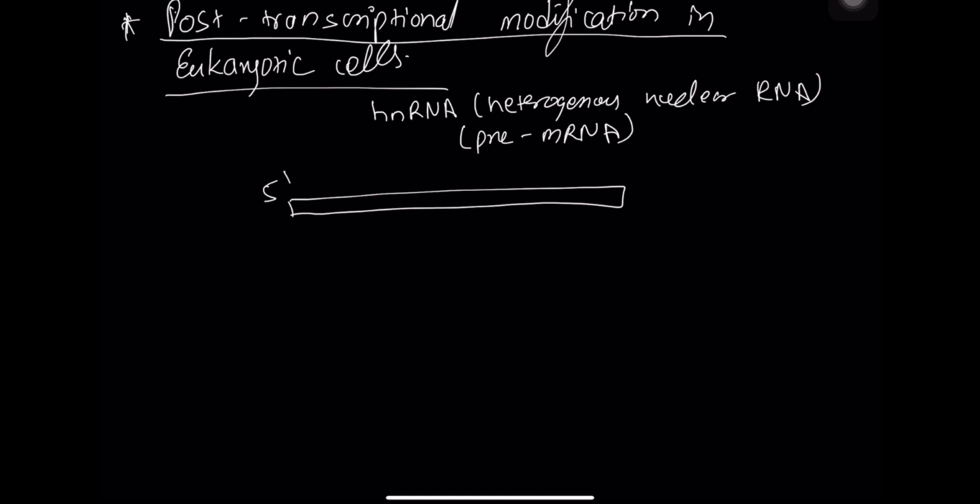It has a 5' to 3' direction, and in between there are exons and introns which are alternating.